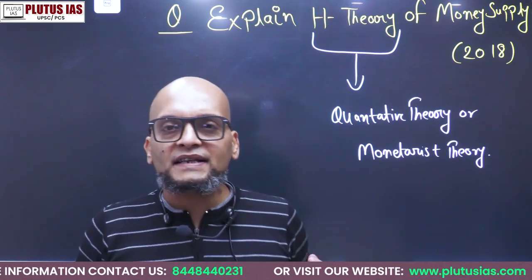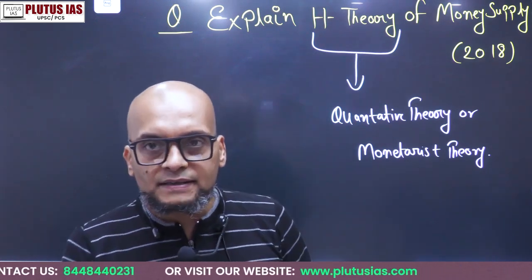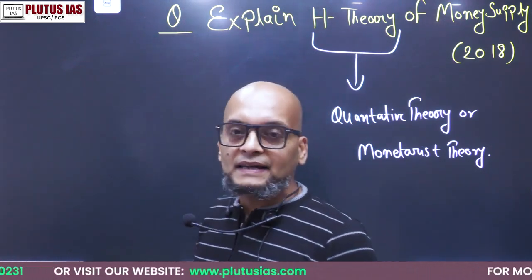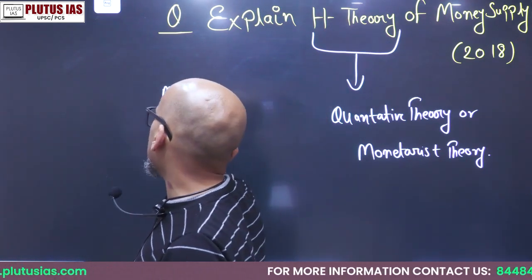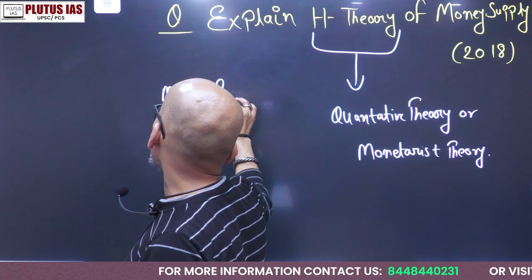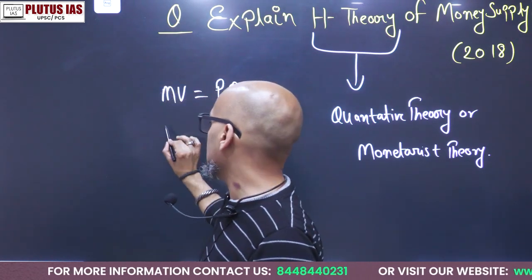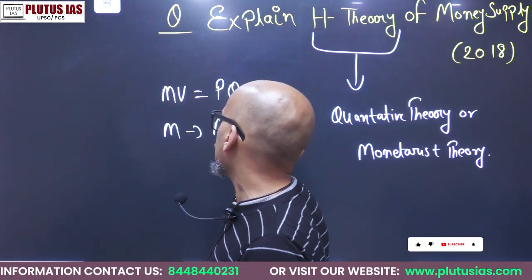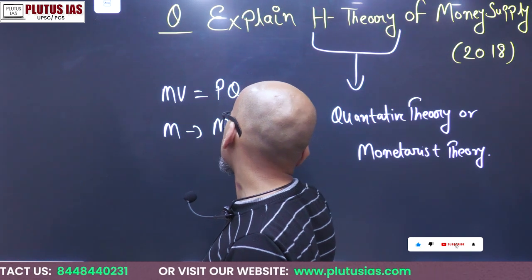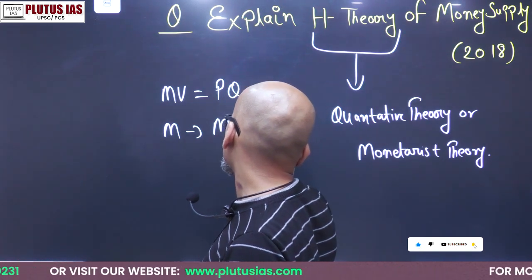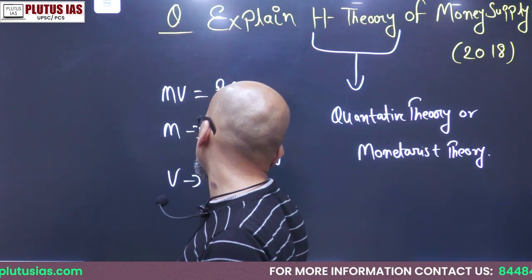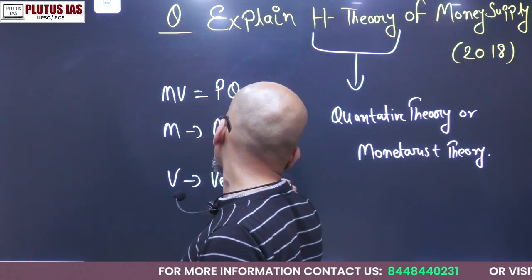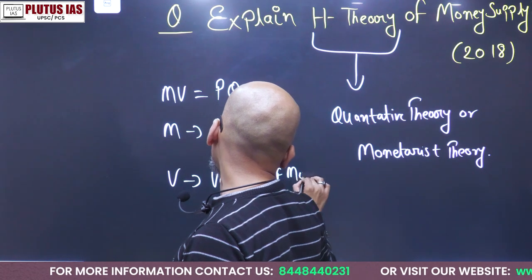So guys, what this theory is all about, let us understand step by step in an elaborate manner. See guys, the theory is that MV equals PQ. Here M is representing money supply, V is the velocity of money.